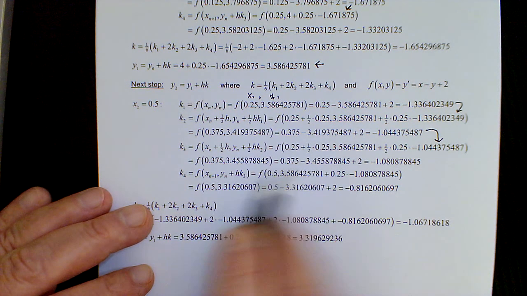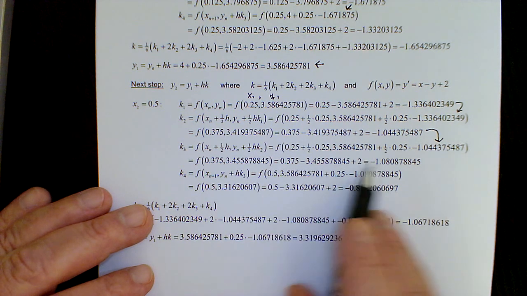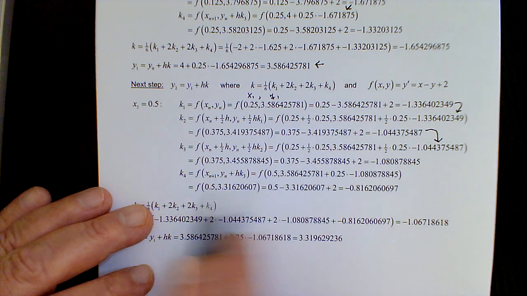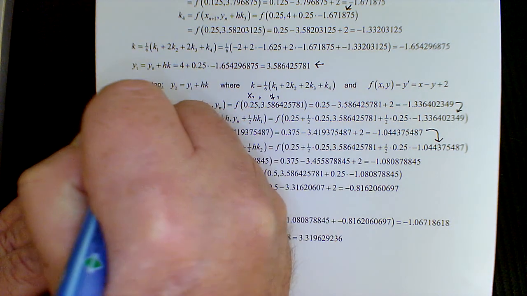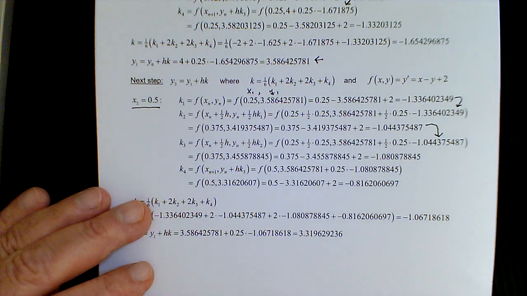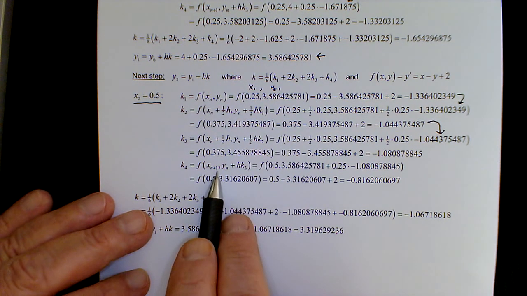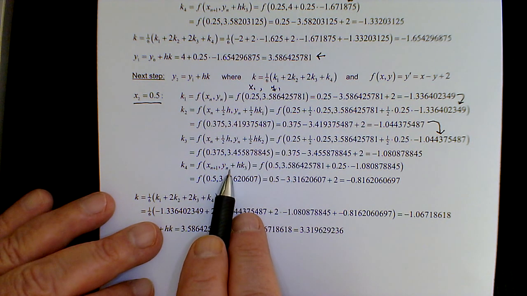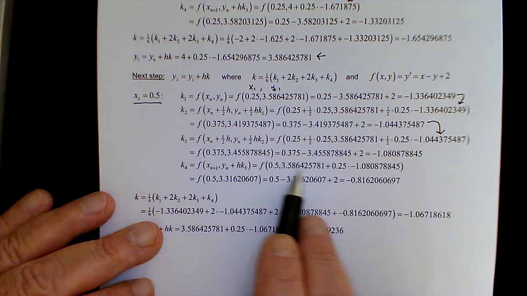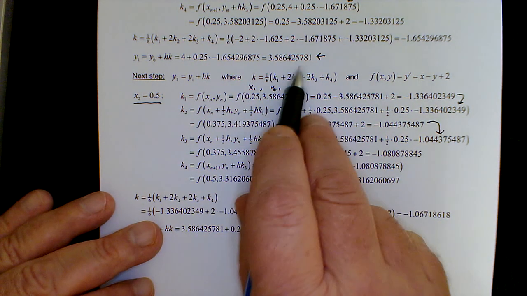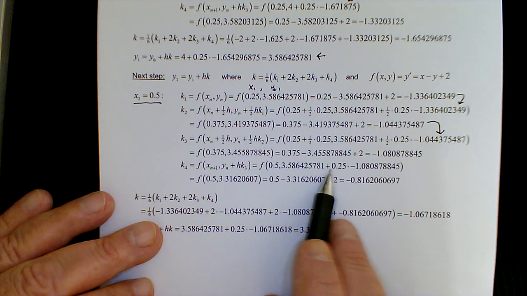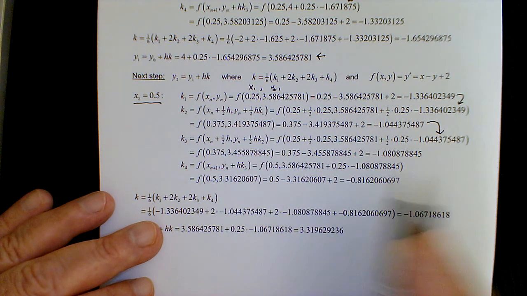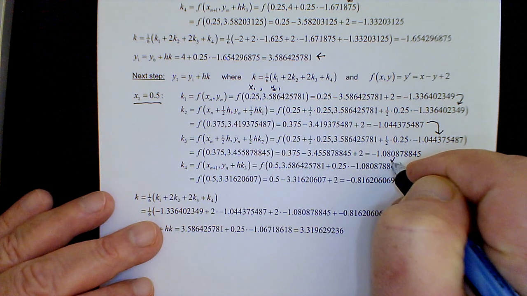And crunch those down, those are the coordinates, plug them into the function, x minus y plus 2 again, that's what we get. And then we go to k4, and that's x sub n plus 1 now, so that's the new step, 0.25, or excuse me, 0.5, and then the y sub n plus hk3, still back to that original y sub 1 value, 3.5864, etc., and then plus h, 0.25, times k3, which was that previous k value.